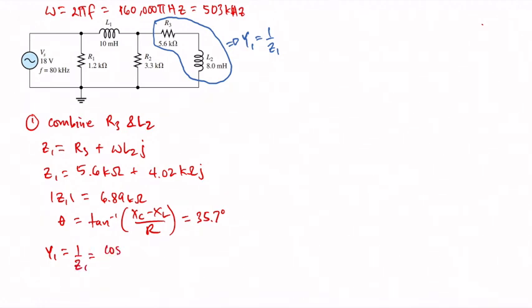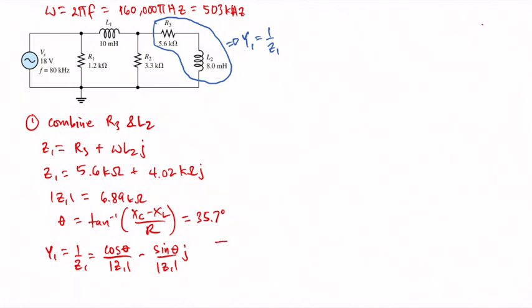Now we can get Y1, which is the reciprocal of Z1, and we already know how to solve it from the previous problem. So this is the absolute value of cosine theta over the absolute value of Z1 minus sine theta over the absolute value of Z1 j hat.